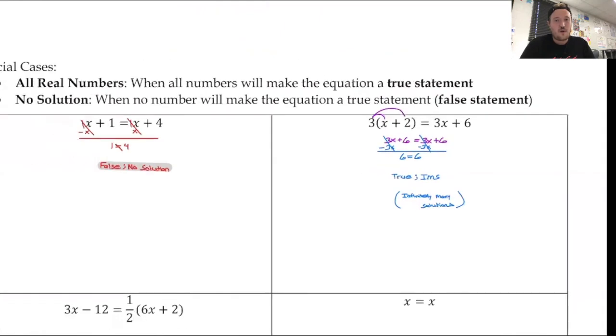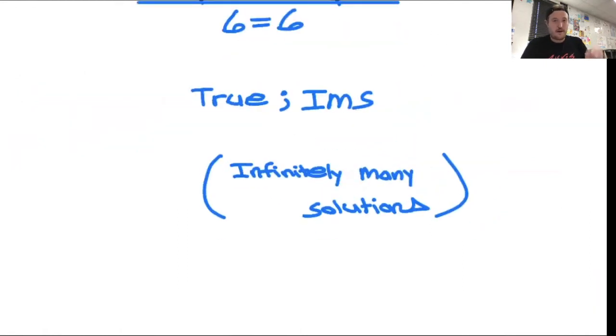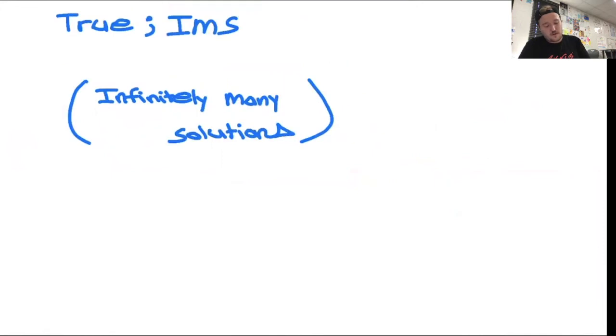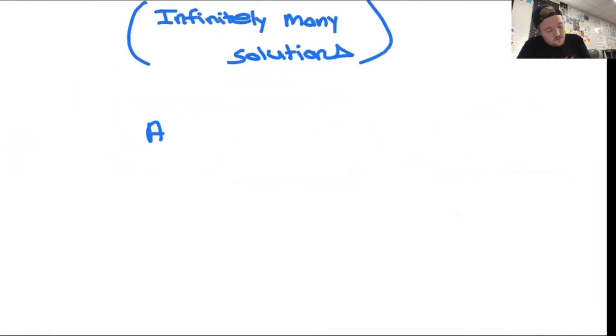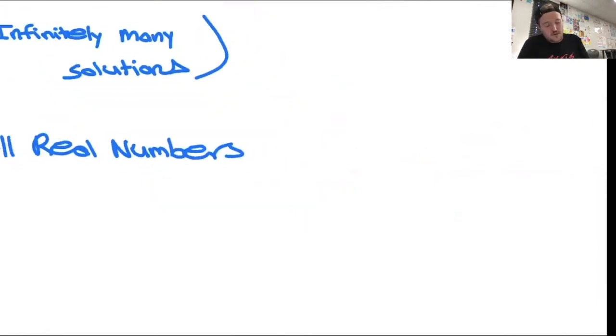So on an exam or an assessment, if it ever is all real numbers, you could see IMS, you could see infinitely many solutions, you could see all real numbers, or you could even see the mathematical sign for all real numbers.